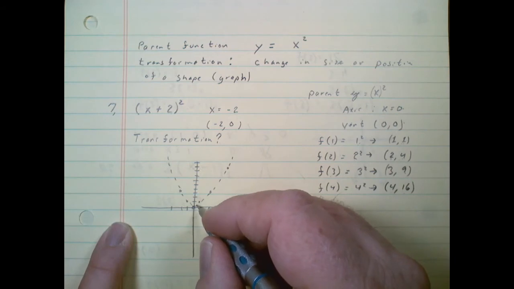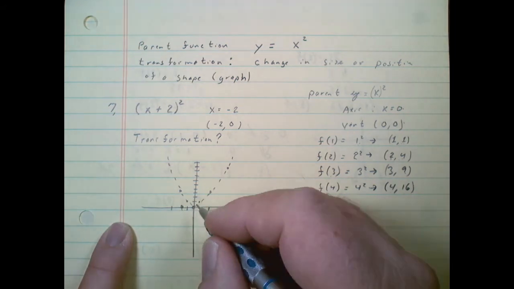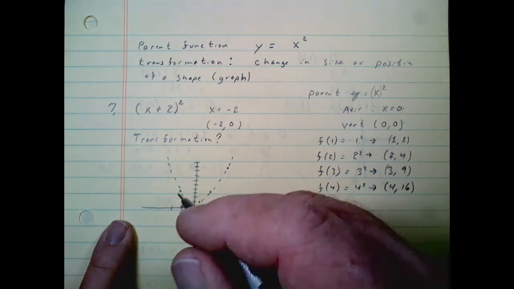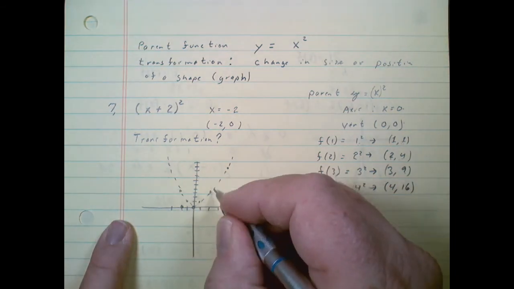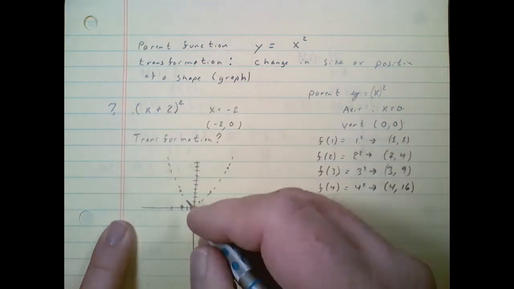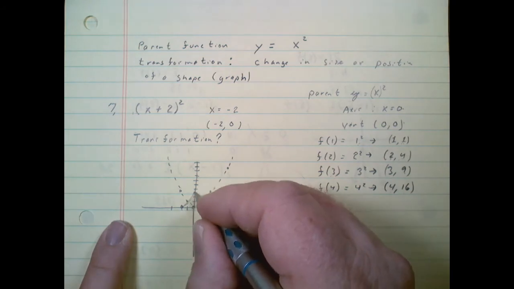So go to (-2, 0). Now, how would this graph change? It'd be just like this one, because a is 1, and so it would go just like this.